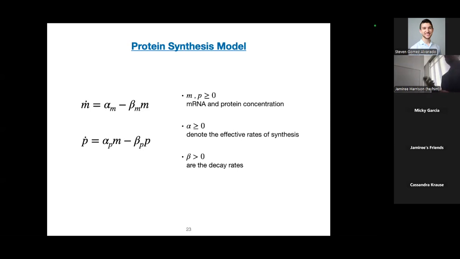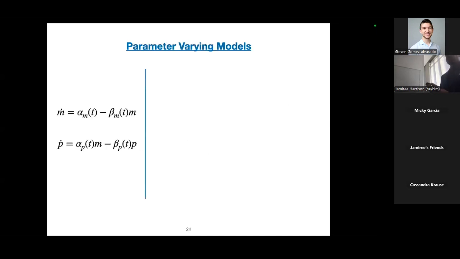So if we try to fit a model with these static rates, you're going to get bad data reconstruction, meaning your model is not actually capturing reality. If we expand this model to have time varying parameters, then we should be able to better capture the behavior. And spoiler alert, we do, but we're going to talk about it.